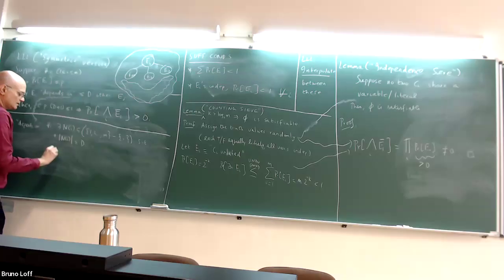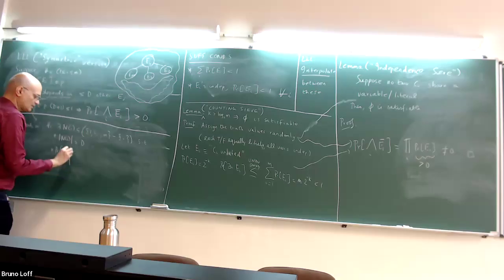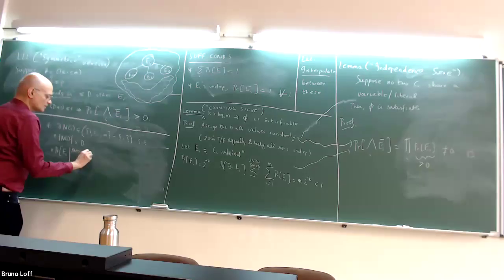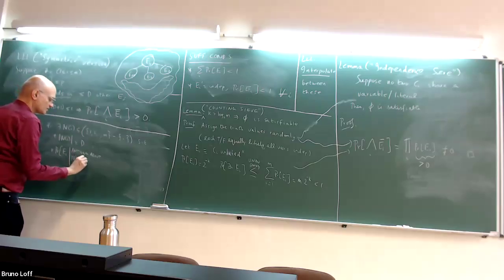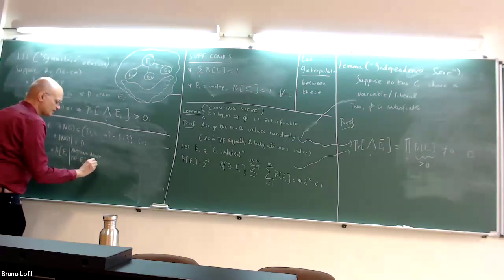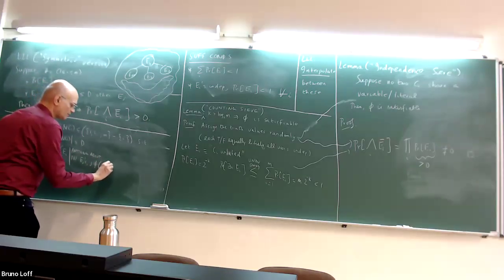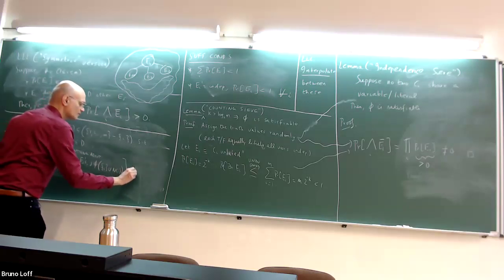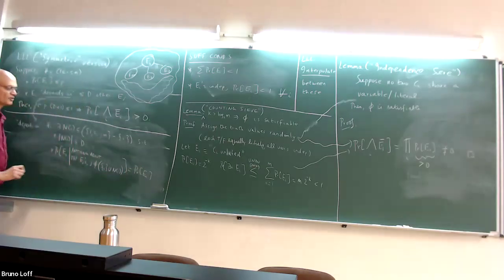And the probability of Ei given anything about the Ejs where j does not lie in i union Ni is equal to the unconditional probability of Ei.